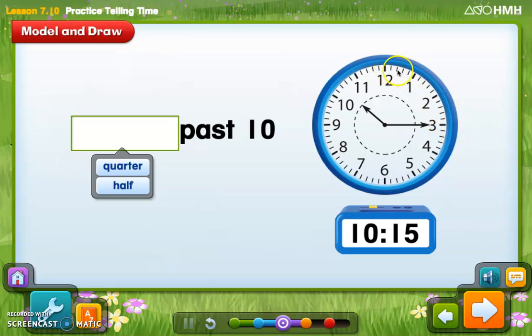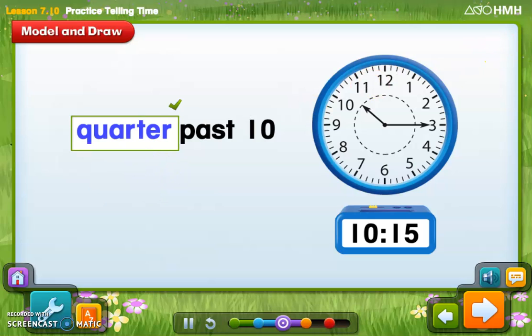And I'll show you this more by drawing it and showing you pictures of it on the next video. But for now, we can just say that 10:15 can also be called quarter past 10. Excellent! Another way to say 10:15 is quarter past 10.